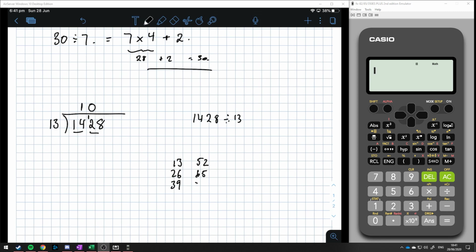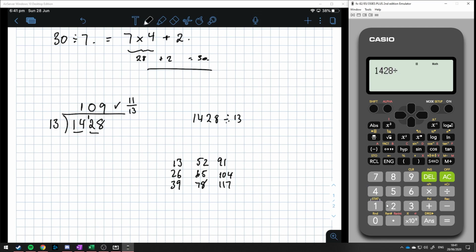Anyway, 78, 91, 104, and 117. So it's going to be 9 times, and then we have our remainder, and we write remainder and how many are left over. In this case, it's going to be 8 plus 3, so that's 11, so it'd be remainder 11 over 13.